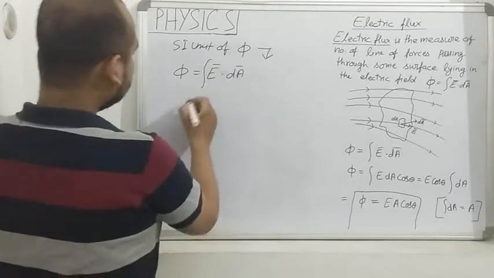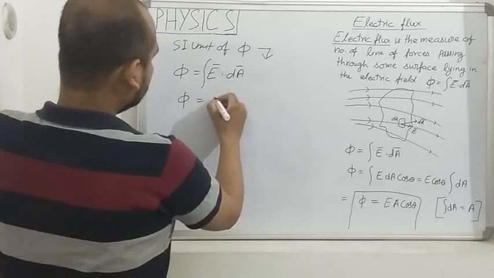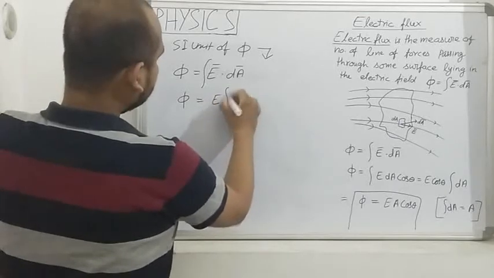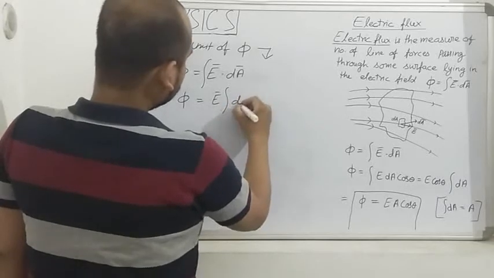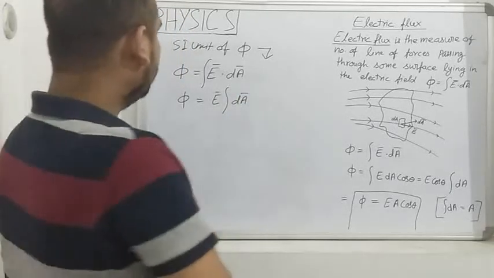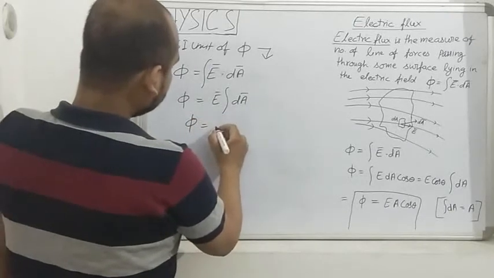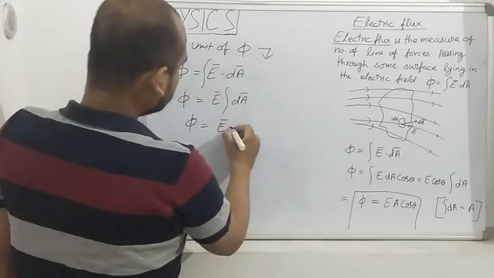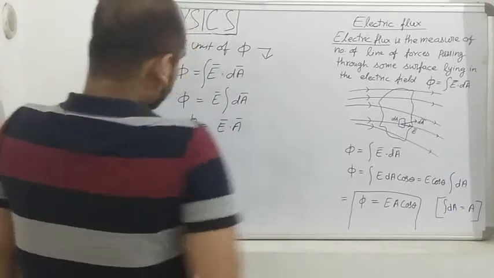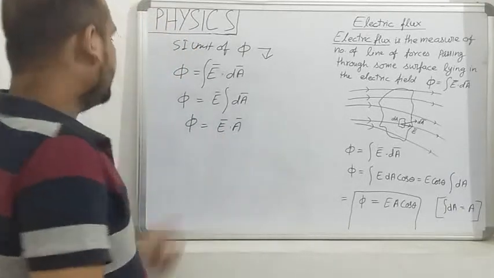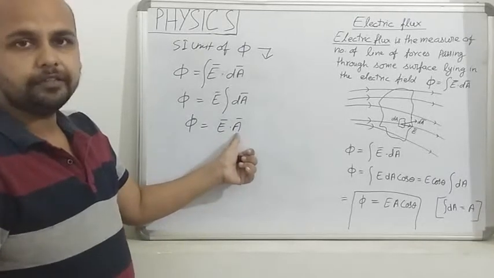Okay, and from here we will get phi is equal to E integral dA vector, and from here we can say phi will be equal to E dot A. Okay, so you can see that phi is the dot product of electric field and area.